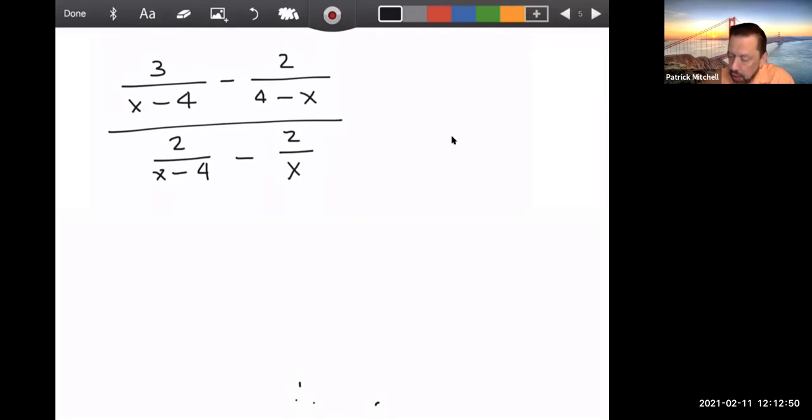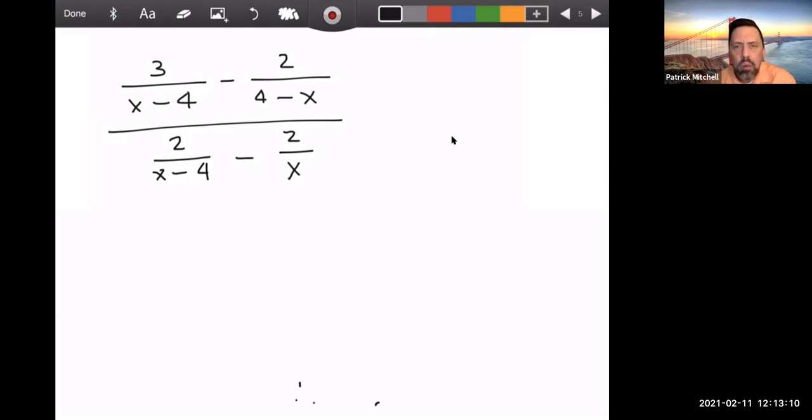All right, so the idea behind method 2 is you find one LCD that covers all of the little fractions in the whole expression. So notice there are 4 of them. The denominators are x minus 4, 4 minus x, x minus 4, and x.